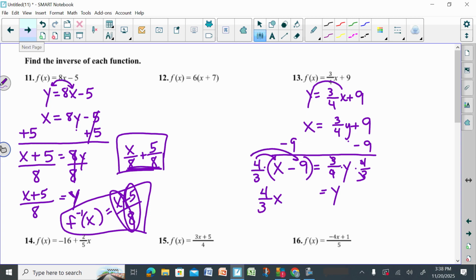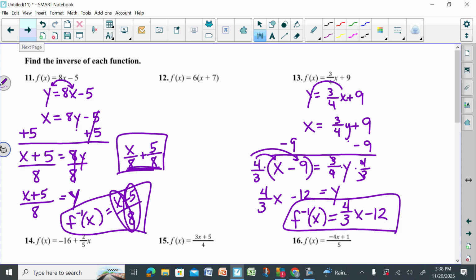And when you take 4/3 of -9, you end up getting -12 if you multiply that out on your calculator. I'm going to flip-flop and rearrange, bring in my fancy f inverse. So the inverse function f inverse of x is equal to 4/3 x minus 12.